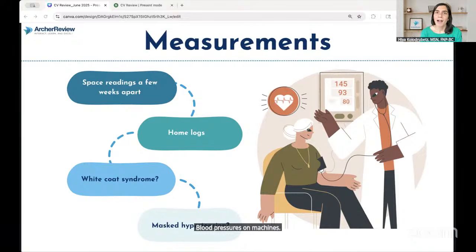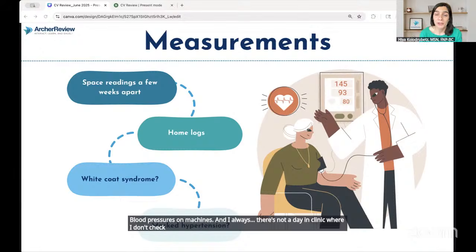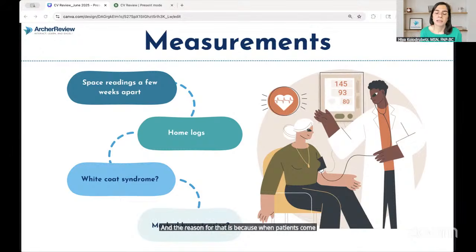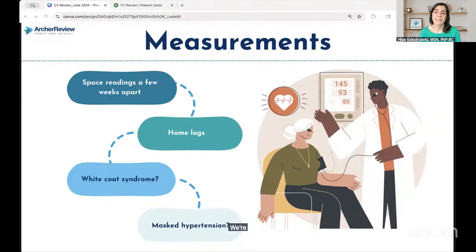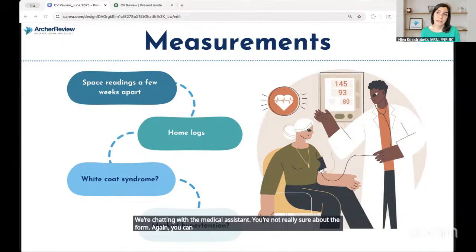And there's not a day in clinic where I don't check a manual blood pressure myself. The reason is that when patients come into the room, they're anxious, they're sprinting in, they're usually late, they're chatting with the medical assistant. Again, you can train your medical assistants about proper technique, but you're not really sure about the form that the blood pressure was measured.